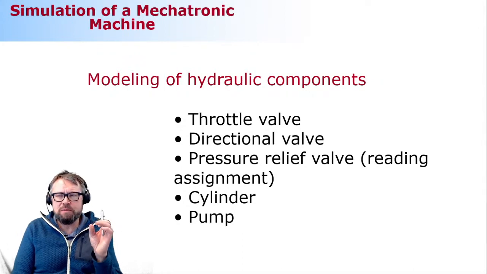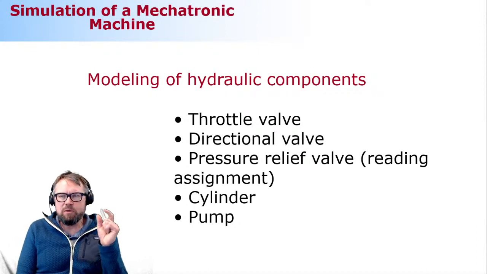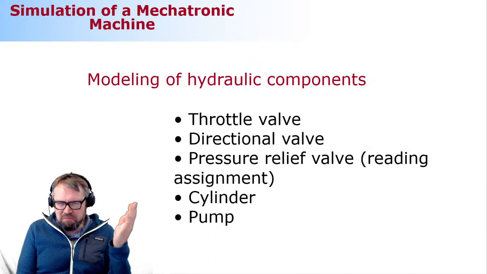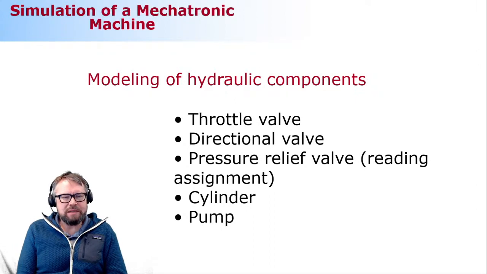I'm just assuming that there's a throttle, and the big important component is the direction valve, because that is definitely what is used in most common or practical hydraulic circuits.